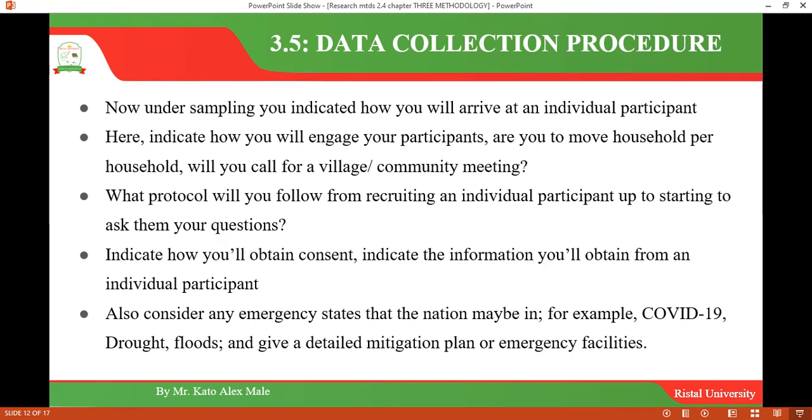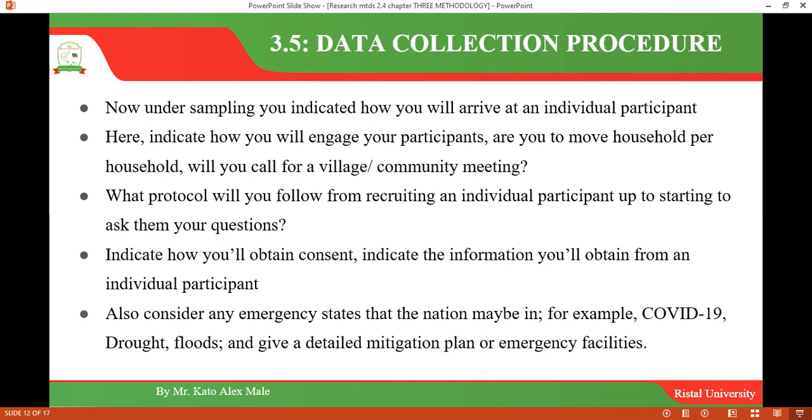Which step will you exactly take? You must tell us each and everything here. So what protocol will you follow from recruiting an individual participant up to starting to ask them your questions, up to starting to engage them in your study? That's the information we want under data collection procedure.